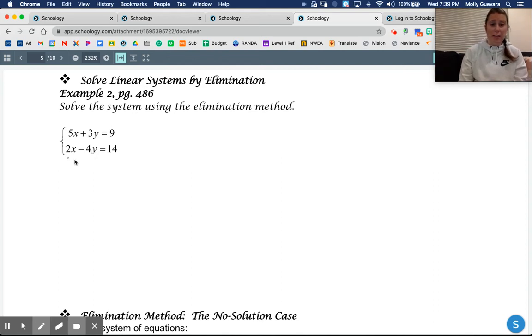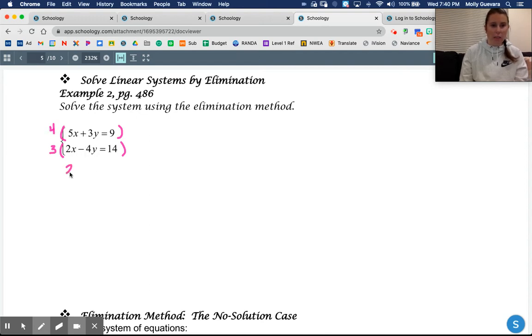You can eliminate the x's if you choose, or you can eliminate the y's if you choose. I kind of like the y's just because one's positive already and one's negative already, so it works in my head. So I'm going to multiply this whole top equation by 4, and that'll make this a 12y. And I'm going to multiply the whole bottom equation by 3, and that'll make this a negative 12y.